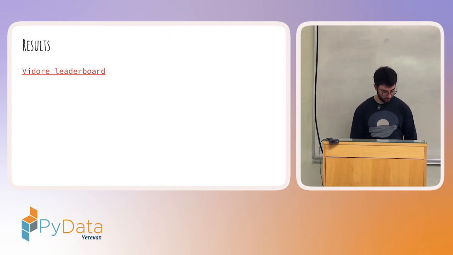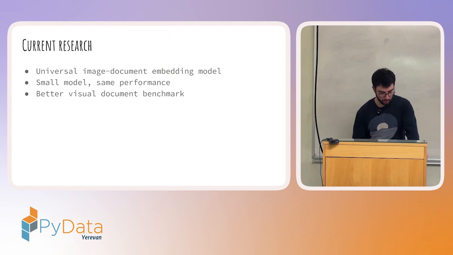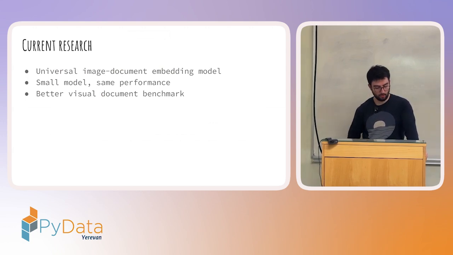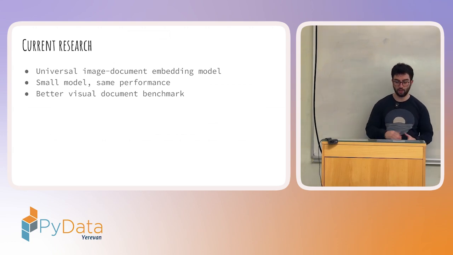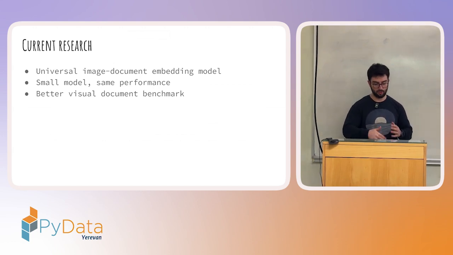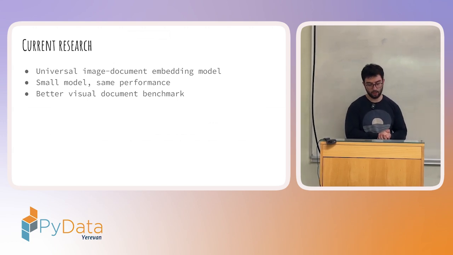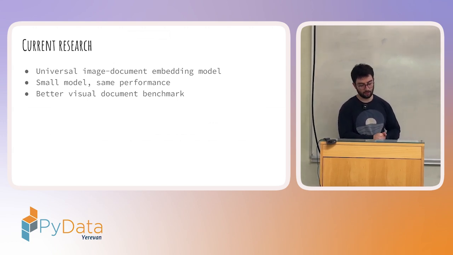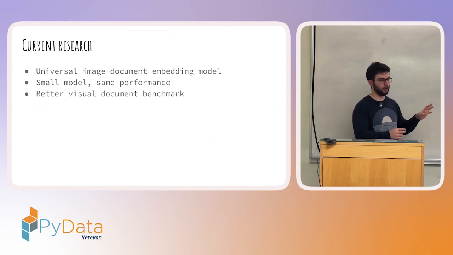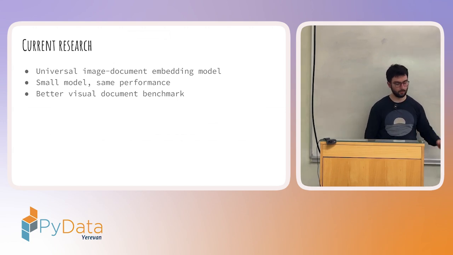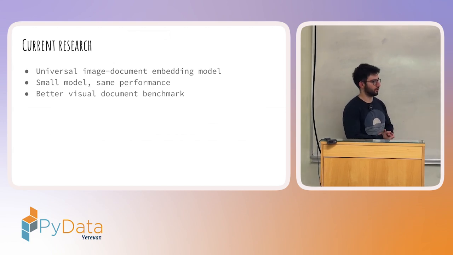Okay, back to here. So we have the results, we talked about the models, and let's see what is happening in the current research, what we need to do in order to achieve the goals that we set. First of all, this embedding model is being used for documents specifically.